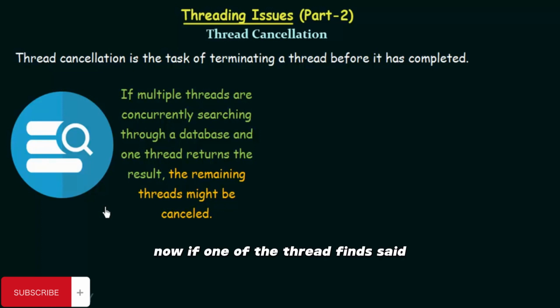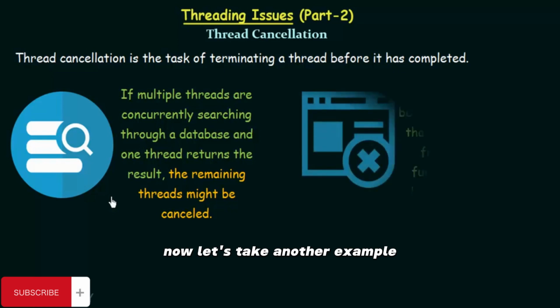Now if one of the threads finds the value in the database, then we have got the result that we were searching for. So the remaining threads can be canceled because they don't need to continue searching, as the result is already obtained. That is one scenario where thread cancellations can occur.